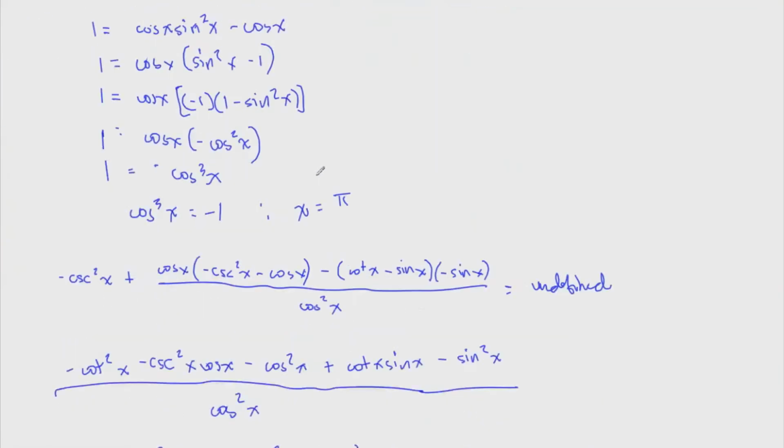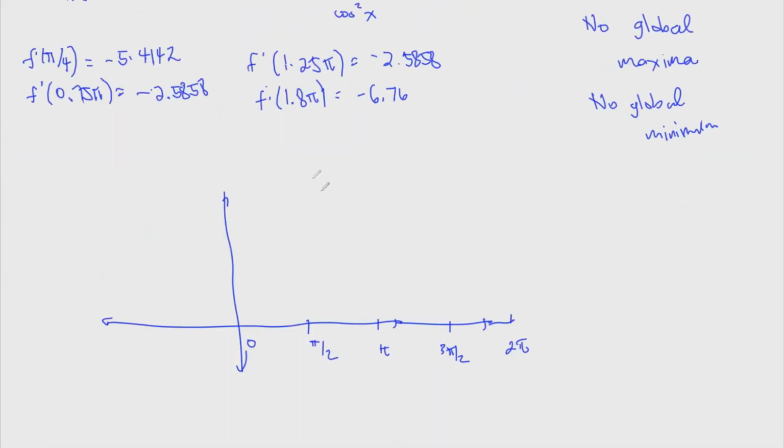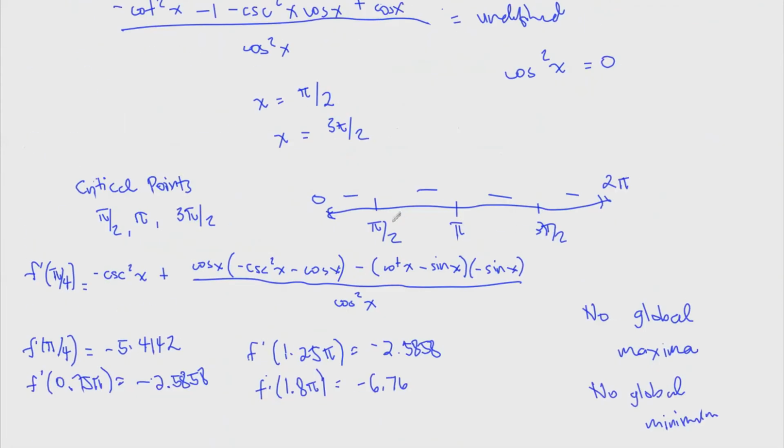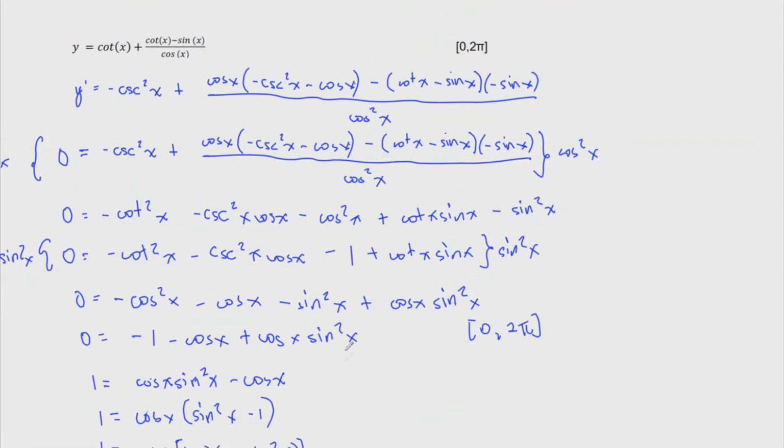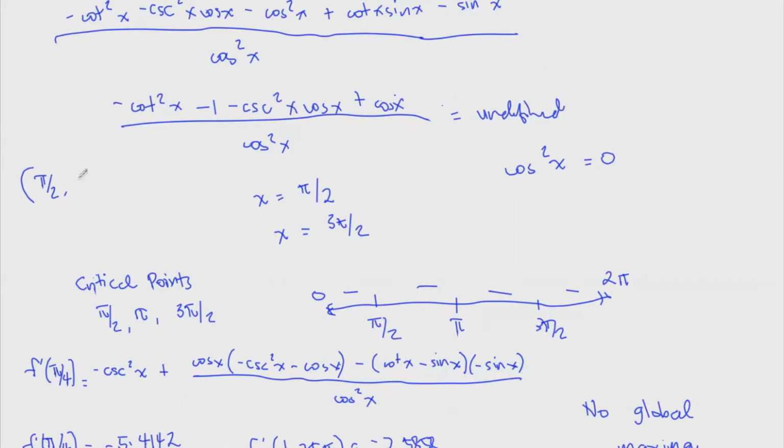At pi over 2, we will use the same concept, in our original equation. For pi over 2, undefined. And then for 3 pi over 2, I still think that they will also make this undefined.